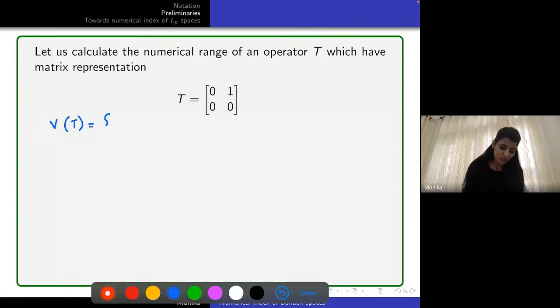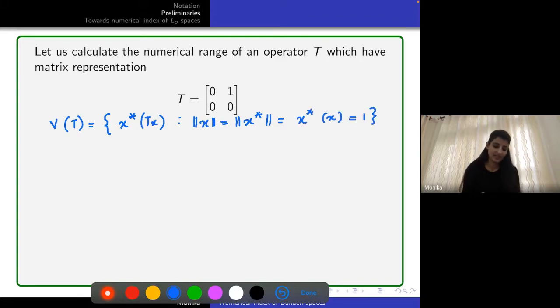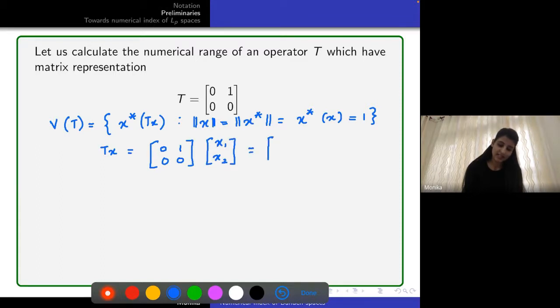Just by the definition, it's x star Tx such that norm of x is 1, norm of x star is 1, and x star acting on x is 1. So if we compute Tx, which is 0, 1, 0, 0 acting on x1, x2, we will get x2, 0.